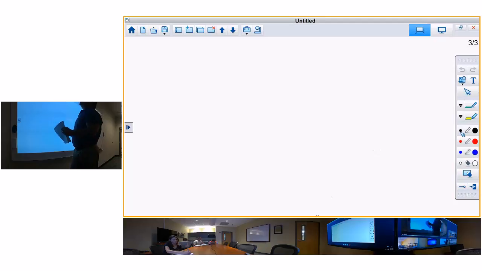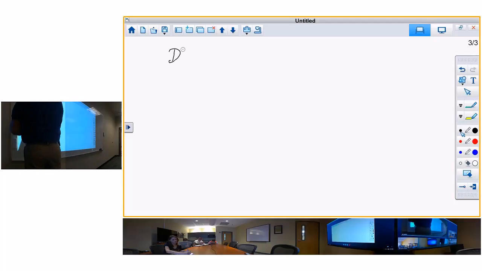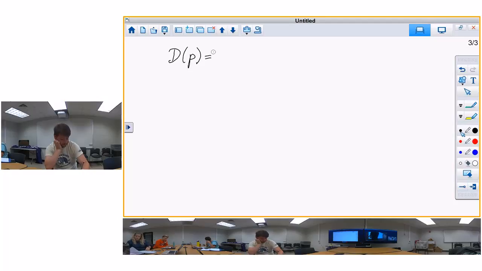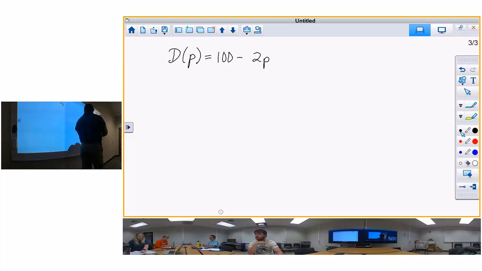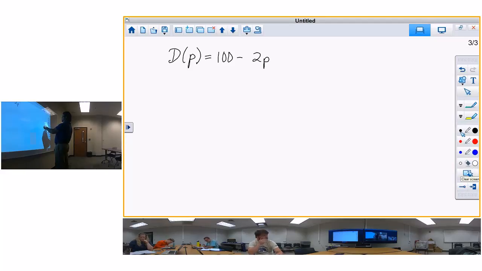D of P is equal to 100 minus 2P units. And it says determine whether there is a specific market price above which demand is 0 or price per unit is unbounded.